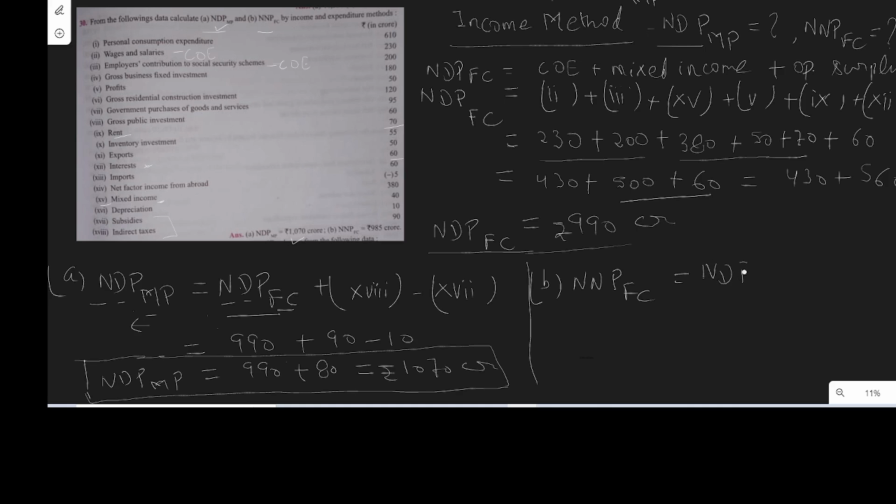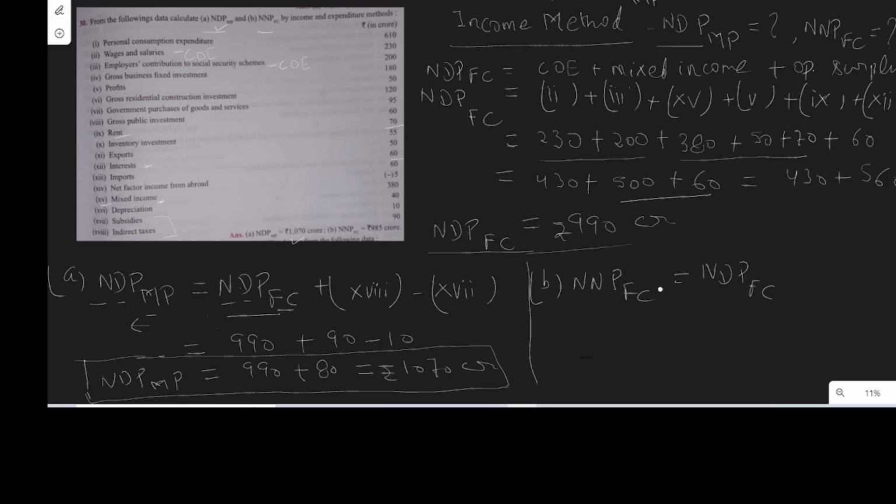I think it was better to choose NDPFC because both are FC. You can take any one. I'm taking NDPFC. That will be more simple, and it will involve less calculation because both are at factor cost.